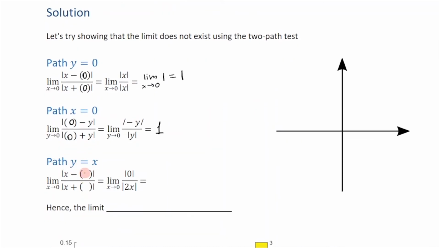I'm going to plug in x for y, and the only variable here is x. So here we get the limit as x approaches 0 of x minus x, which is 0, and at the bottom we get 2x. So this is just the limit of 0. So then we get 0, which is different.